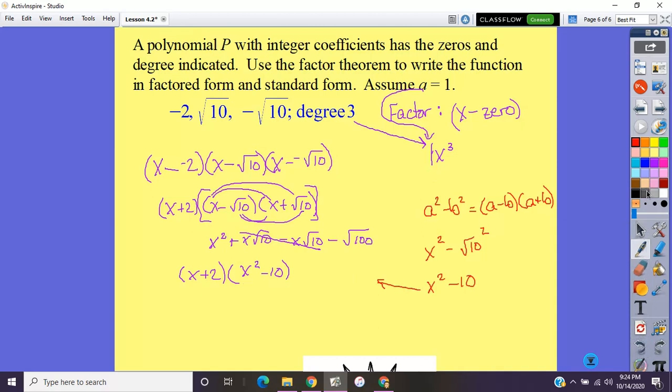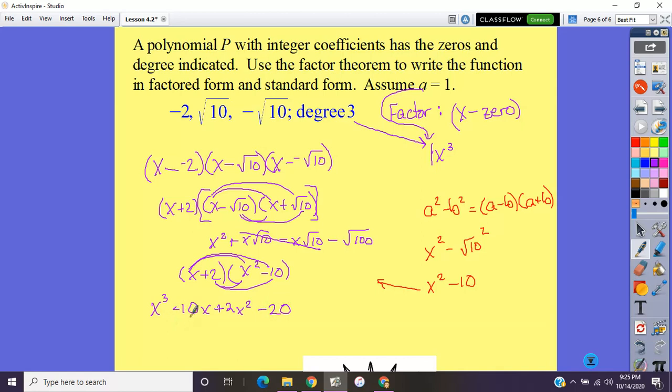But now we need to finish FOILing because we had 3 terms and you only do 2 at a time. Let's multiply. So x times x squared is an x cubed minus 10x plus 2x squared, that's a plus, and then minus 20.